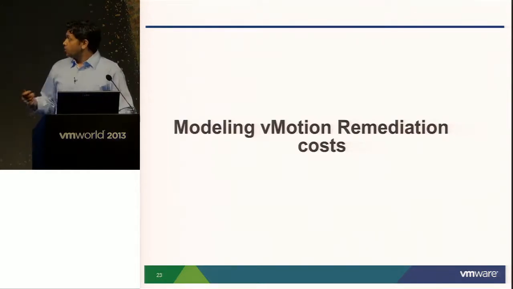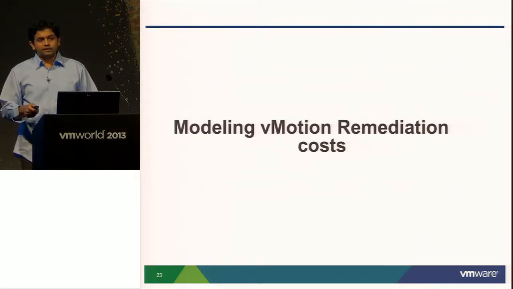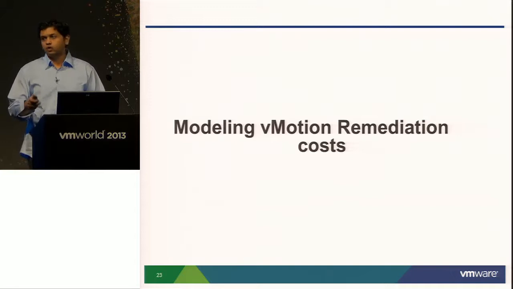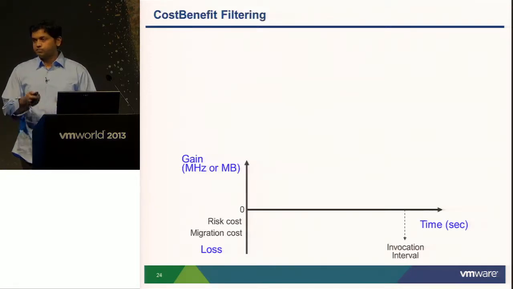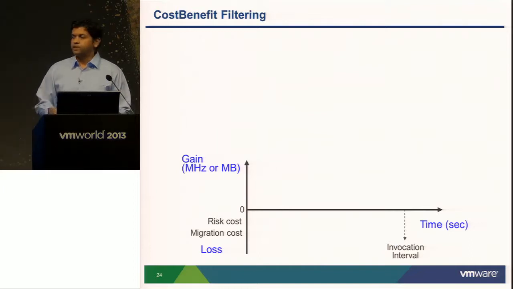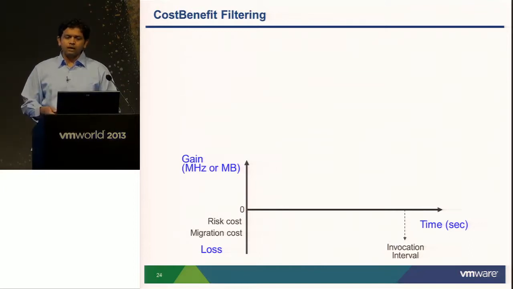The second thing I want to talk about is modeling vMotion costs. DRS has a lot of smarts to figure out what would happen after you do the vMotion, and a lot of the smarts is built in the cost-benefit filtering. So by default, before doing a vMotion, DRS does a cost-benefit analysis.